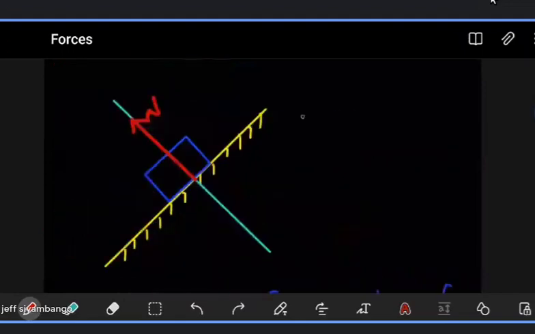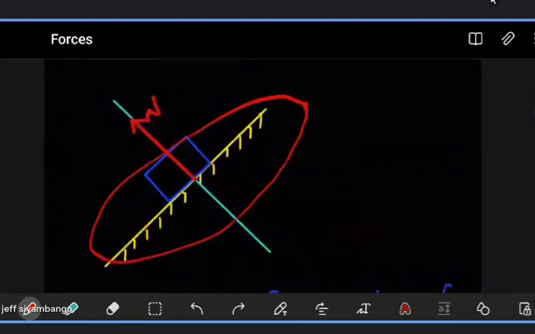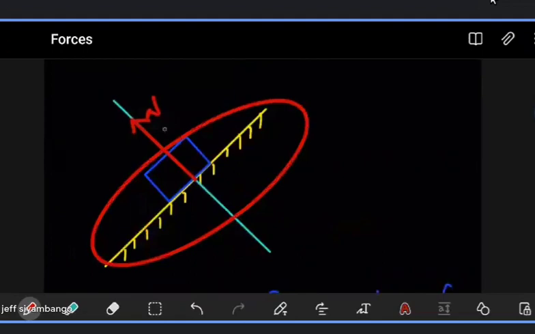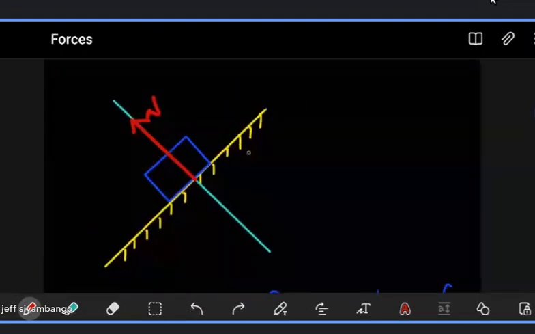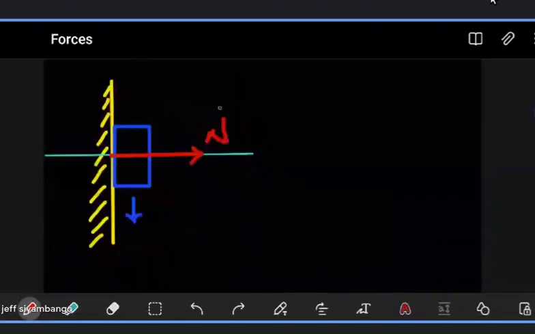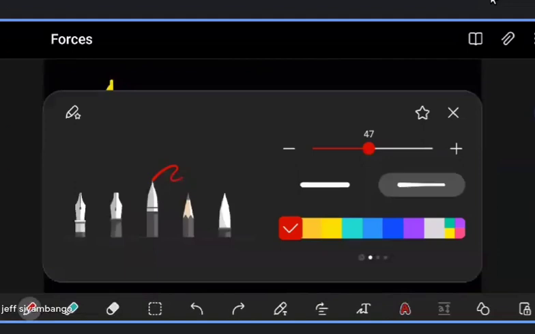If the surface is slanting like this, then the normal will have to be something that points in a weird way. This is what we'll see when we start looking at inclined planes. And if the surface is vertical, then the normal is horizontal. So all these are different scenarios that we will look at in more examples tomorrow.